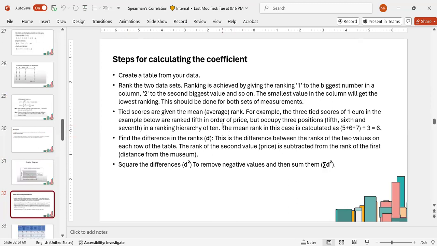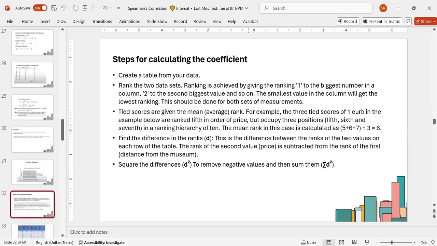So when all of these three shops are selling this bottle at 1, you give an average rank to all of these three values. No doubt that these will take three positions, but the ranking will be the average of these three positions.